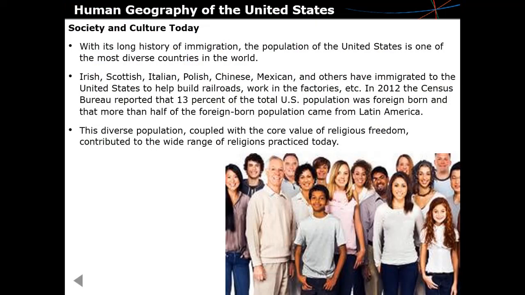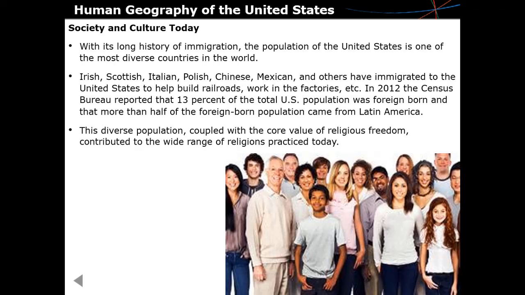America has a long history of immigration, and the population here is probably one of the most diverse in the world. Basically, if you were not one of the indigenous people, the Native Americans, your family immigrated to the United States. And so we have huge immigration movements from people from Ireland, Scotland, Italy, Poland, China, Mexico, and a lot from Central and South America.